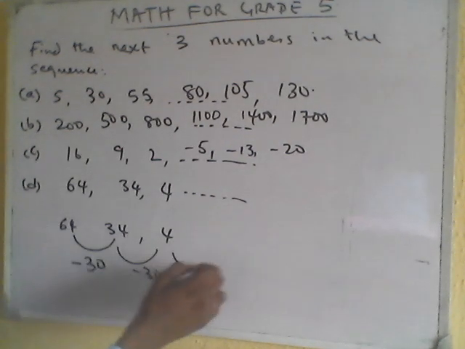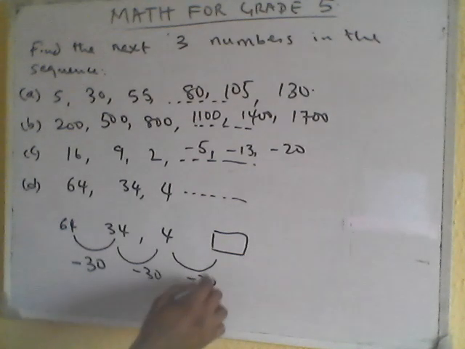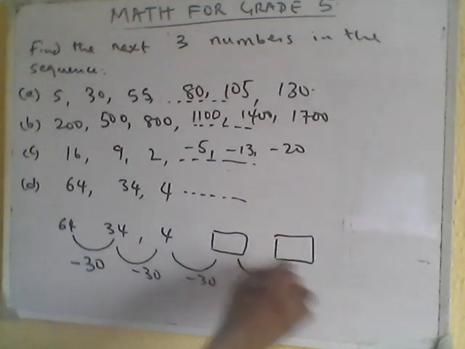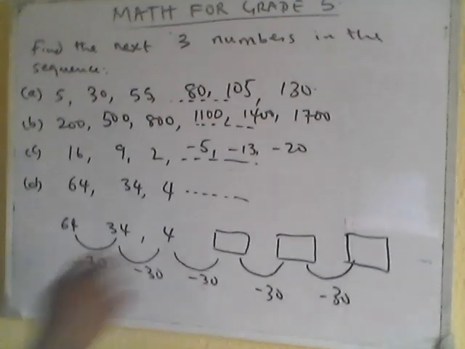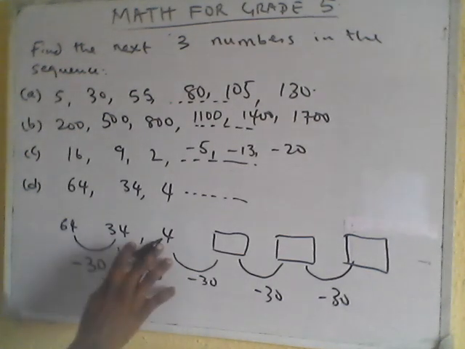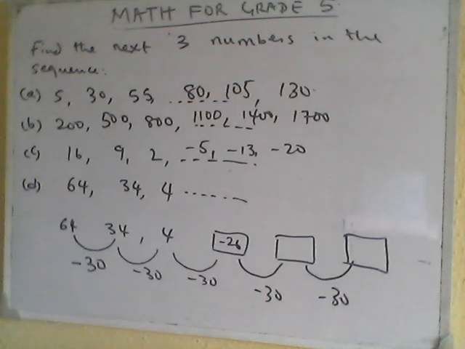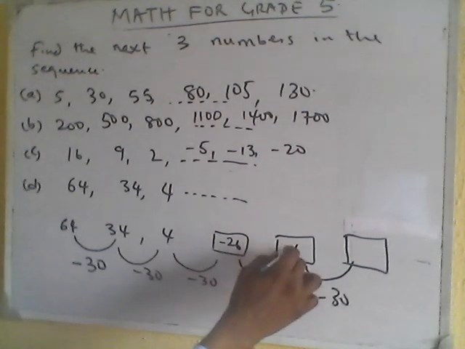So for the next one, which is what to predict, subtract 30 again. Then for the following one, subtract 30 again, and for the last one, 30 again. So if I subtract 30 from 4, I'll have minus 26. Then minus 26 minus 30 is minus 56.